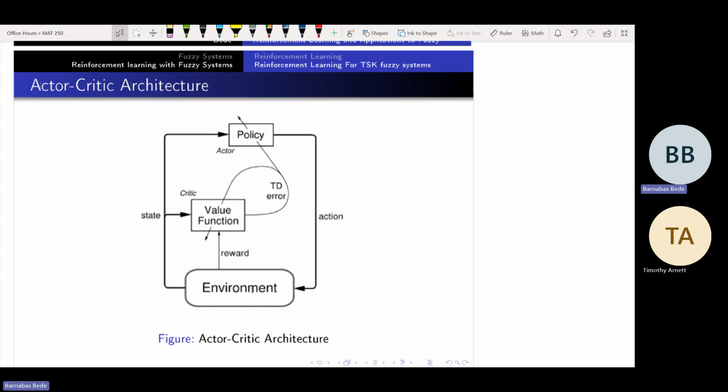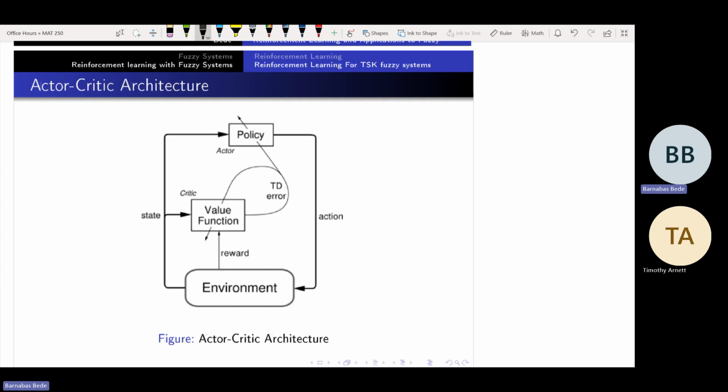Next important architecture is the actor-critic environment. This is probably the simplest for doing reinforcement learning for TSK fuzzy systems, but it works reasonably well in many situations. So how does that work? Basically, we have an actor, so we have a policy.